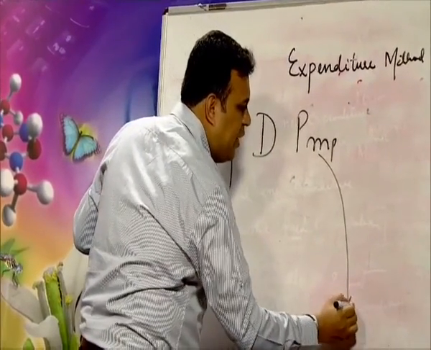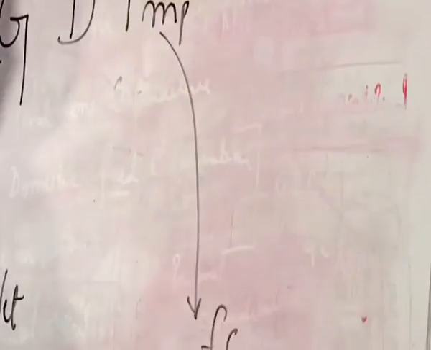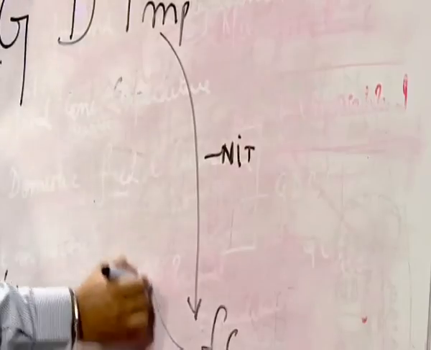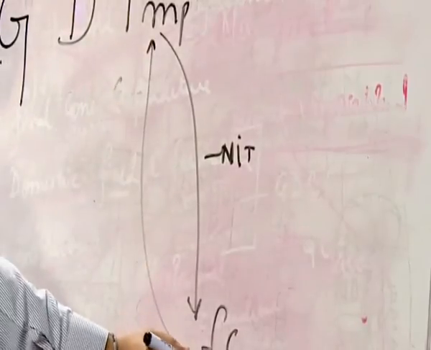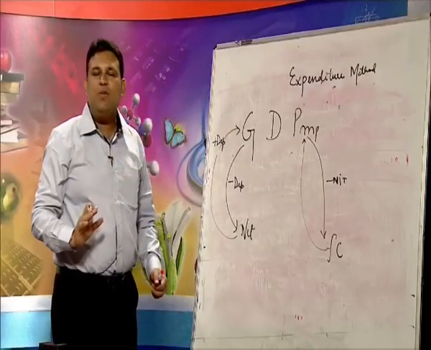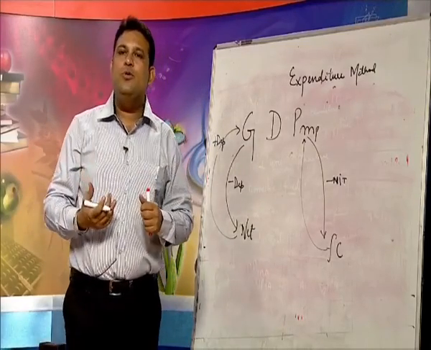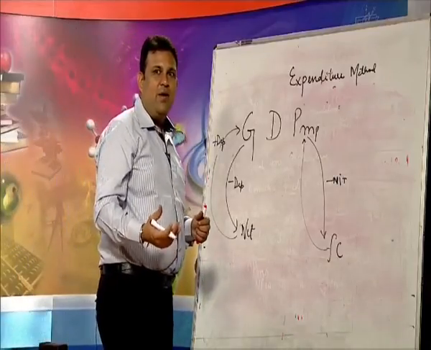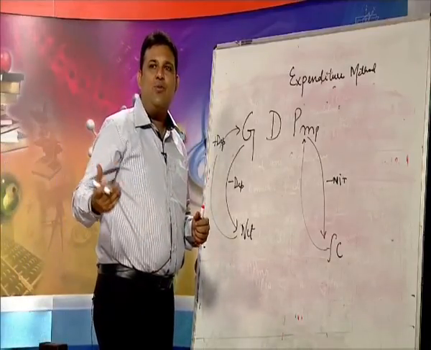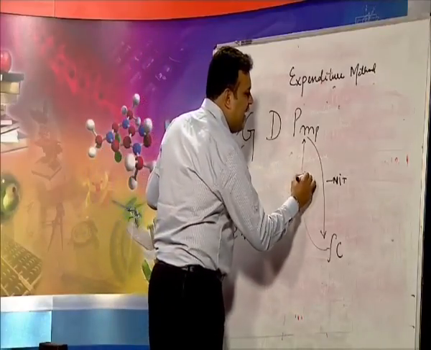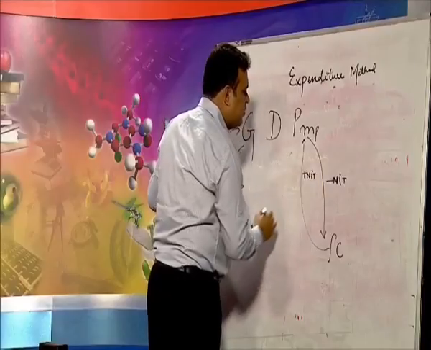Similarly, if it is market and we want to go to factor cost, less NIT. Factor cost means the cost which constitutes factor inputs, factor owners: land, labor, capital, entrepreneur, that is your primary inputs. To go from factor cost to market, you add NIT.